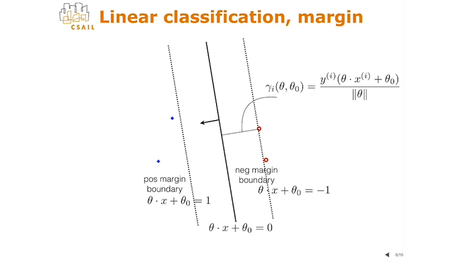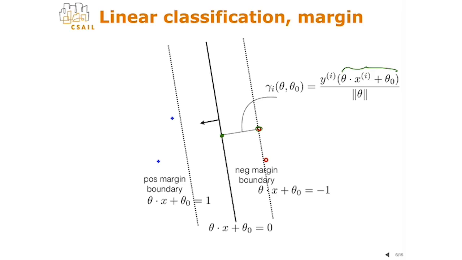Let's now define a little bit more formally what that regularization term is that allows us to control how far the margin boundaries are from the decision boundary. So here I have a negatively labeled point exactly on the negative margin boundary. Let's quantify the distance that it lies from the decision boundary. We know that the magnitude of the linear function itself as we move away from the decision boundary increases at a rate related to the norm of theta.